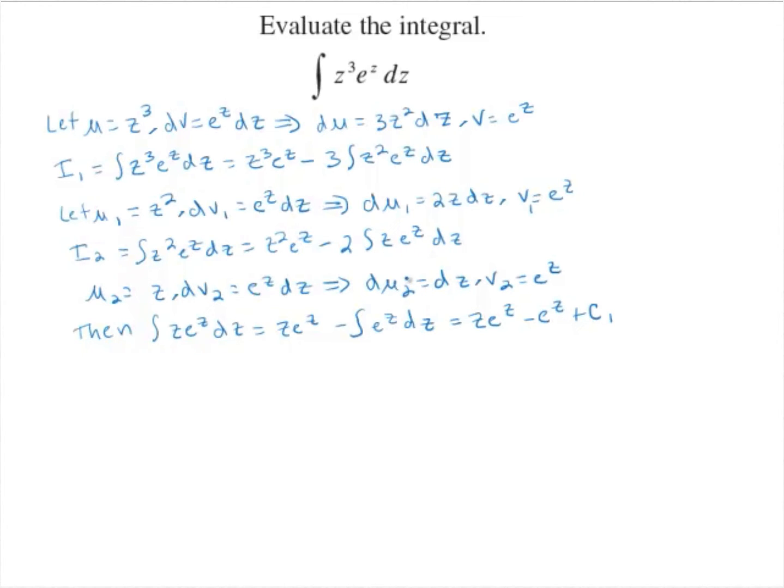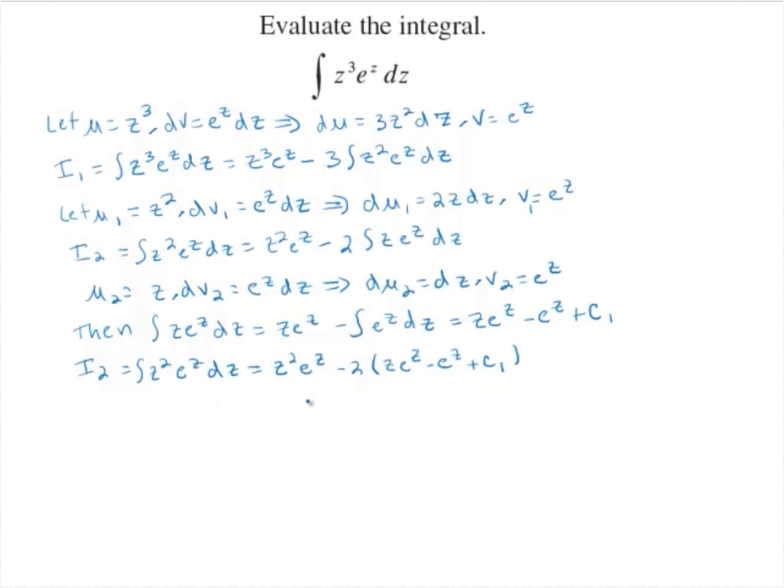So now we have I sub 2 equals the integral of z squared e to the z dz, which equals z squared e to the z minus 2 times z e to the z minus e to the z plus c sub 1.